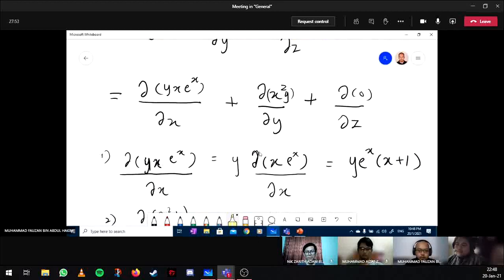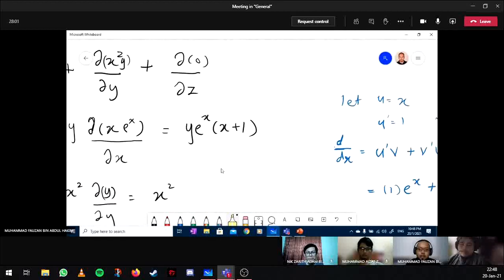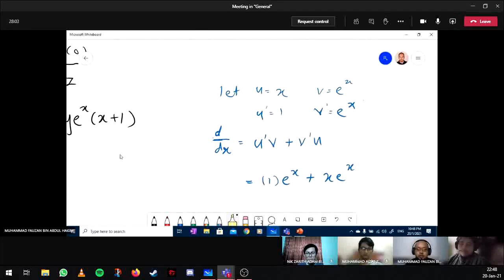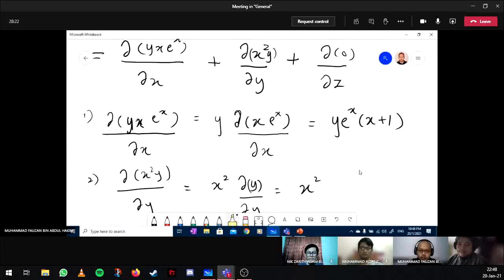For the first partial differential, we have to use the product rule. We assume u equals x, so u prime is 1, and e to the x stays e to the x when differentiated. The product rule is u prime v plus v prime u, so we will have 1 times e to the x plus x e to the x. Inserting back into our partial differential, we get y e to the x times x plus 1.